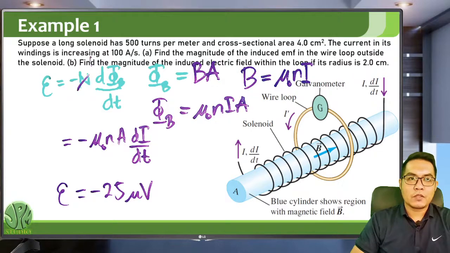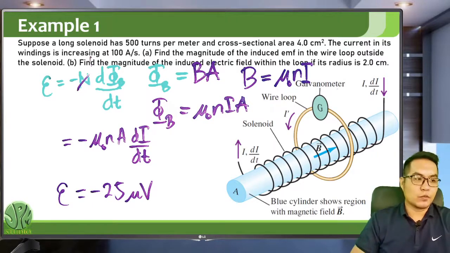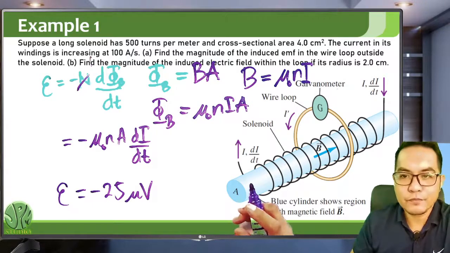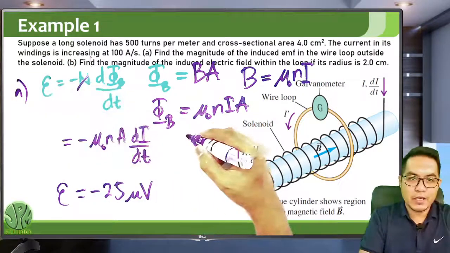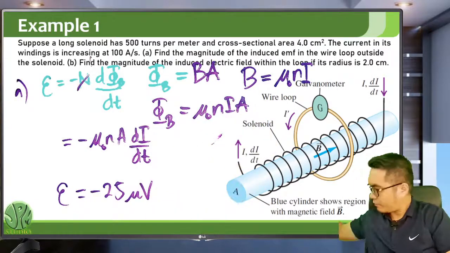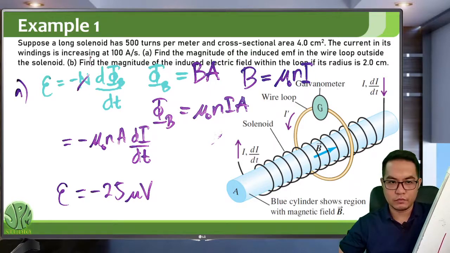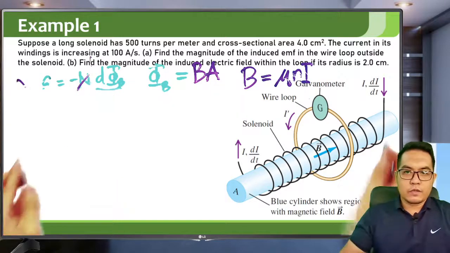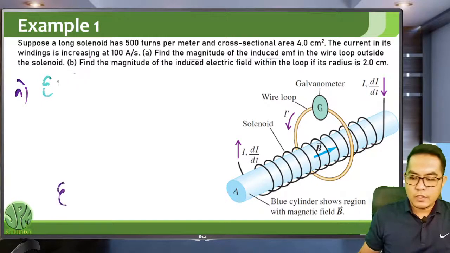Okay, so for letter B, find the magnitude of the induced electric field within the loop, if its radius is 2 centimeters. For letter B, we are now trying to find the electric field.